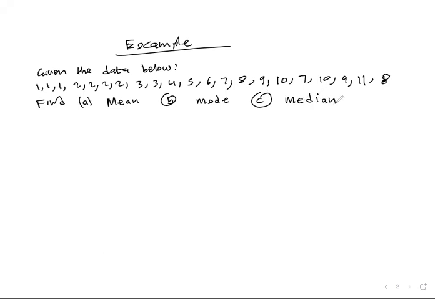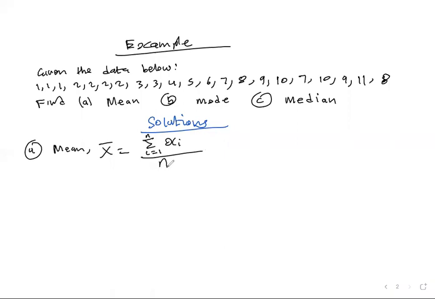So on the solutions, we say that mean, denoted by X bar, is simply the sum of measures from i equals 1 to n divided by the number of measures.